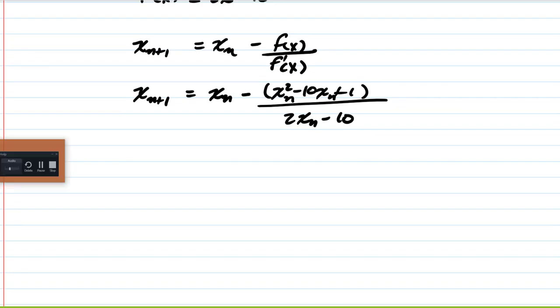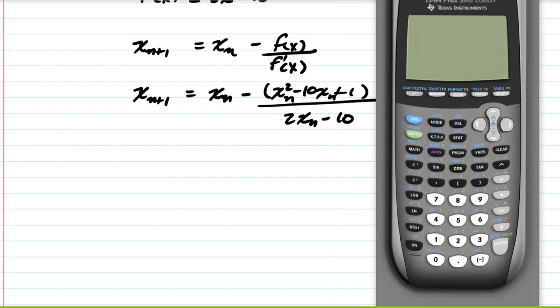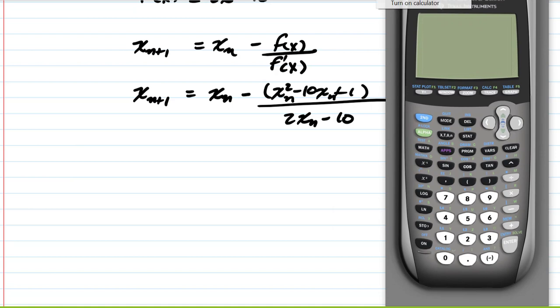So then, to remind us how we do this on our calculator, we put our guess in, so we go 0 and we press enter, and then our calculator saves that as our answer, and then everywhere we see an xn, we're going to type that into our calculator as answer.